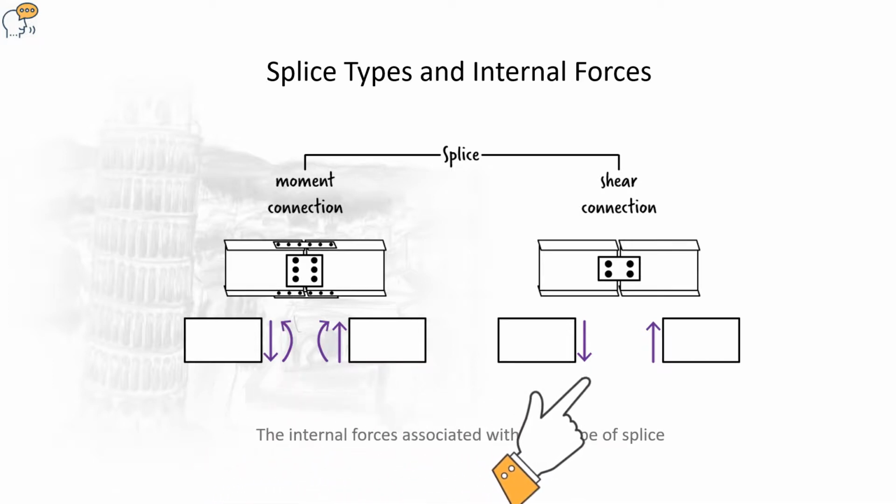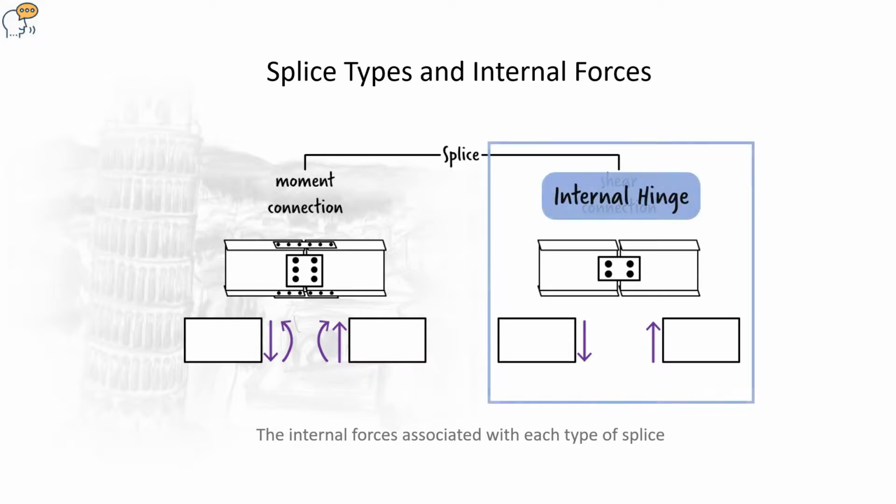In the case of a shear connection, only a pair of shear forces is present. Bending moment at the splice is 0. Herein, we refer to a shear splice as an internal hinge. In this lecture, we're going to focus on the analysis of beams that embody one or more internal hinges.